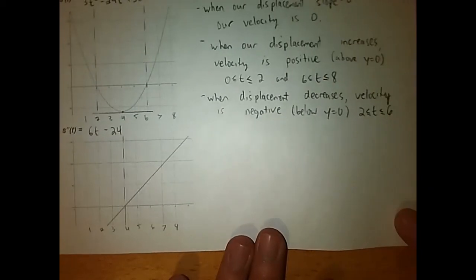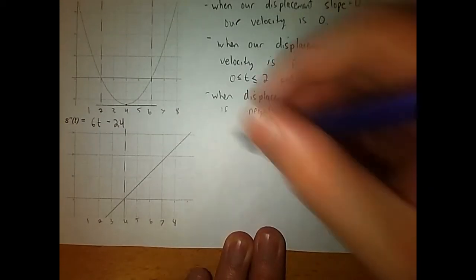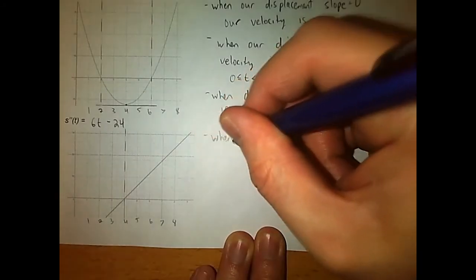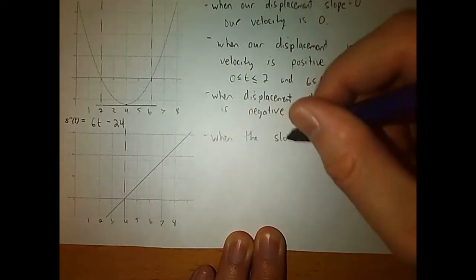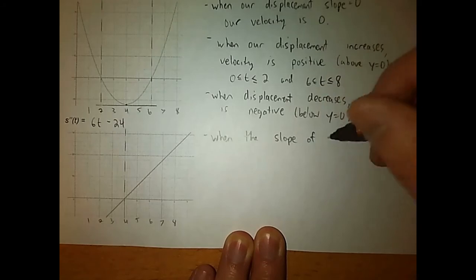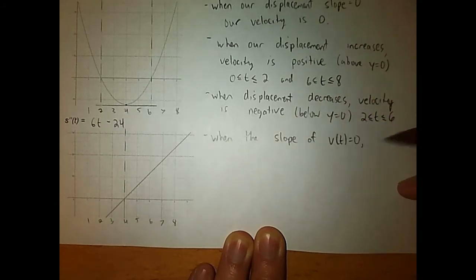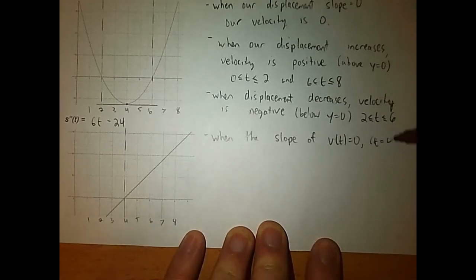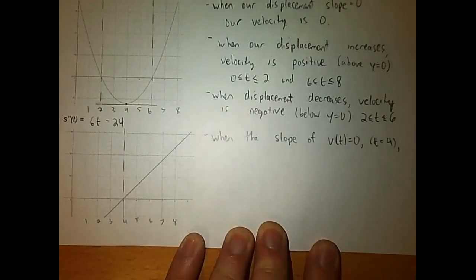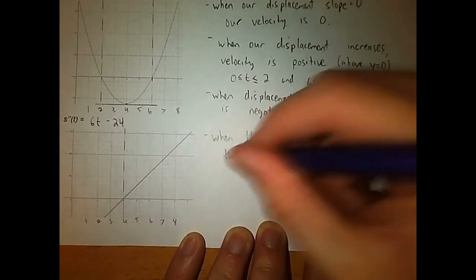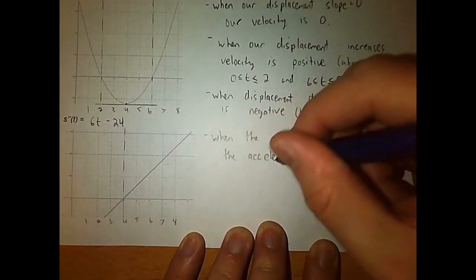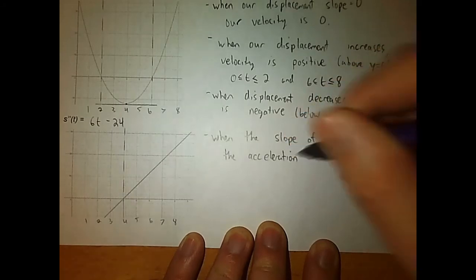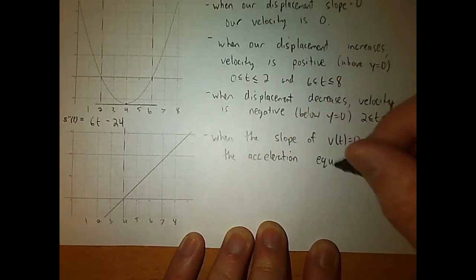So we can say now, when the slope of v at t is equal to 0, which occurs at t equals 4 on our graph, acceleration equals 0.